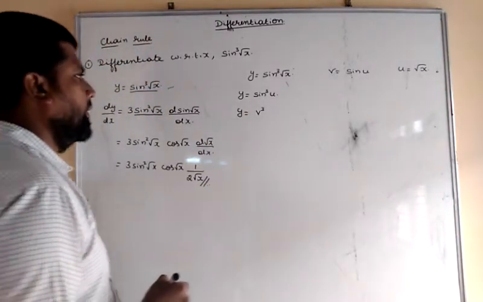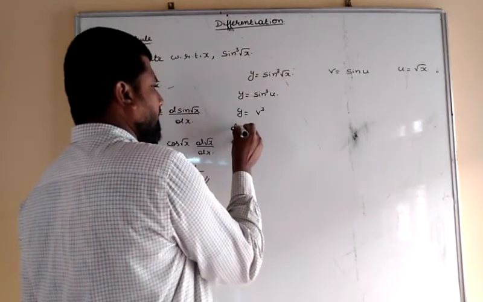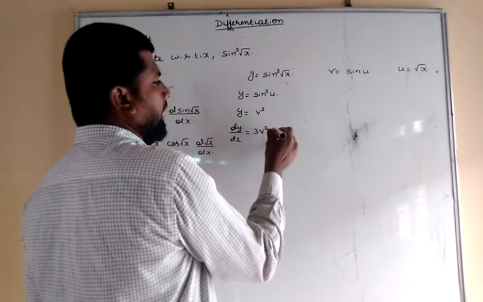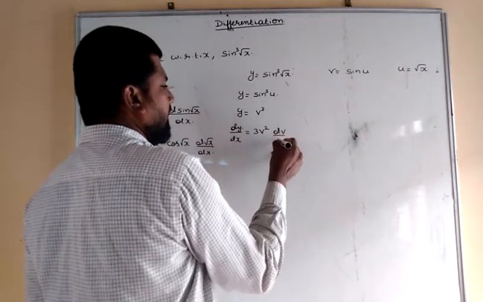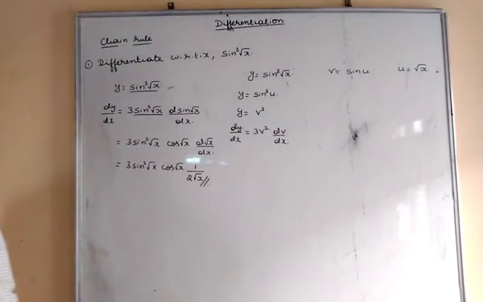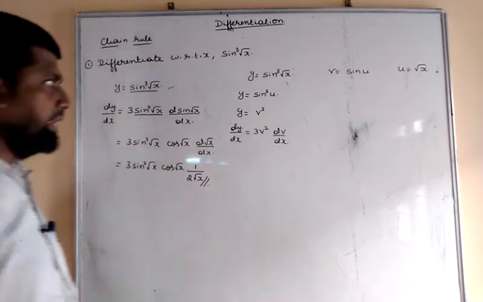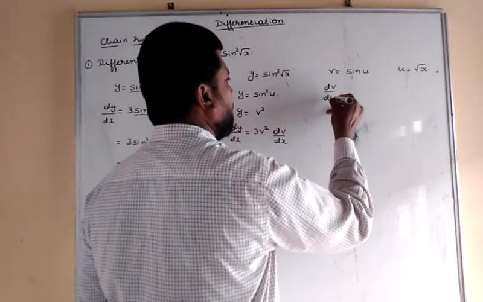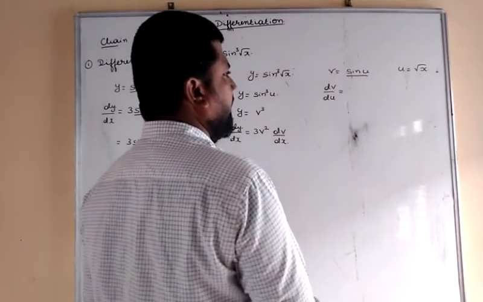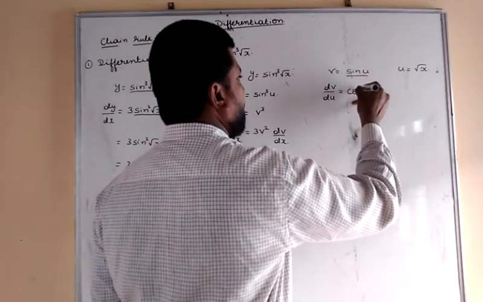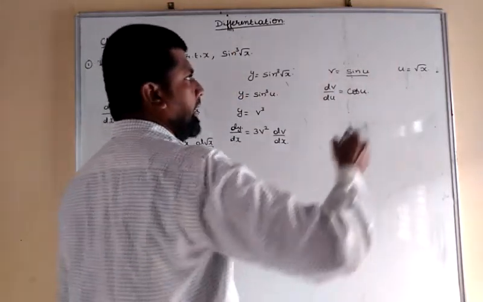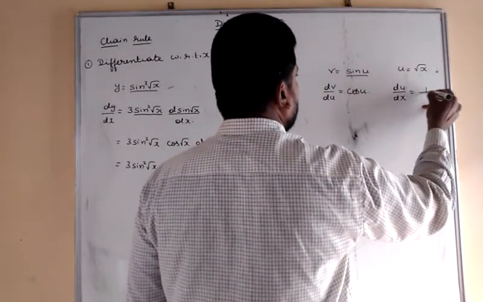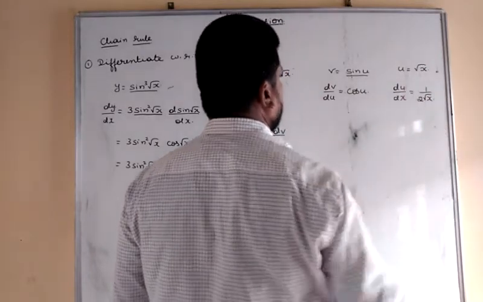If you differentiate this with respect to x, dy by dx is equal to 3v square, then again dv by dx. Now let us differentiate v with respect to u: sine u differentiation is cos u. Again you should differentiate with respect to x, which means 1 by 2 root x.